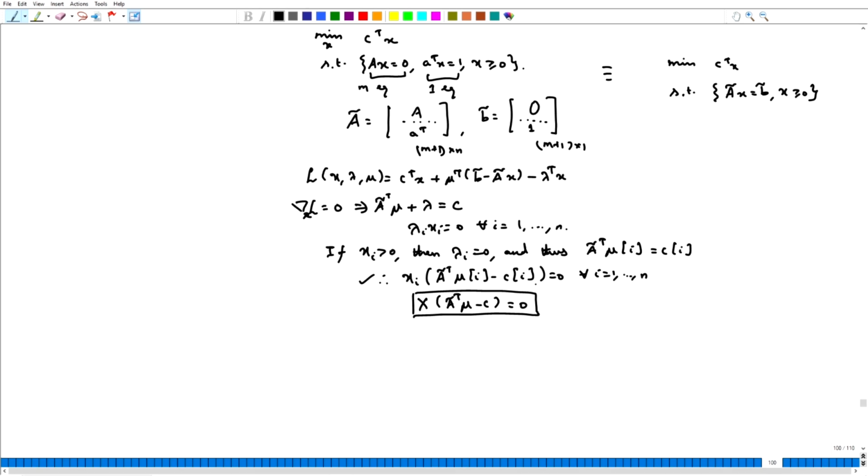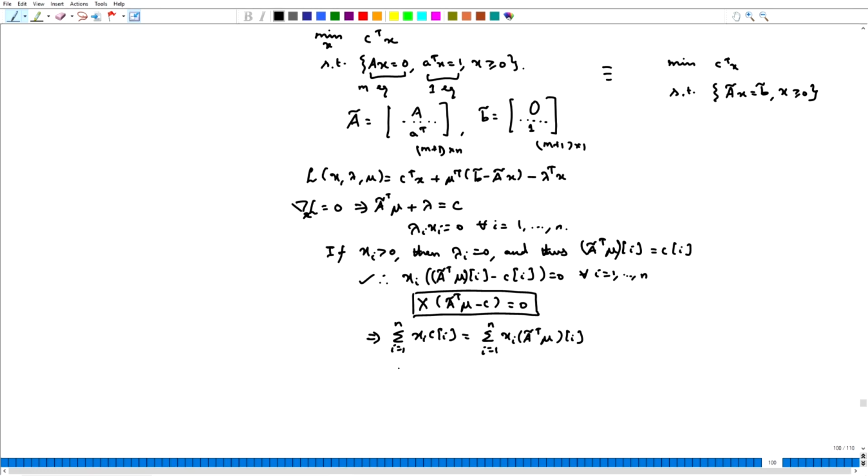So, if this is true, the summation is also true. So, summation x I into C of I, I equal to 1 to n, is equal to summation x I A tilde transpose mu of I, I equal to 1 to n. If this is true, of course, the sums are equal.